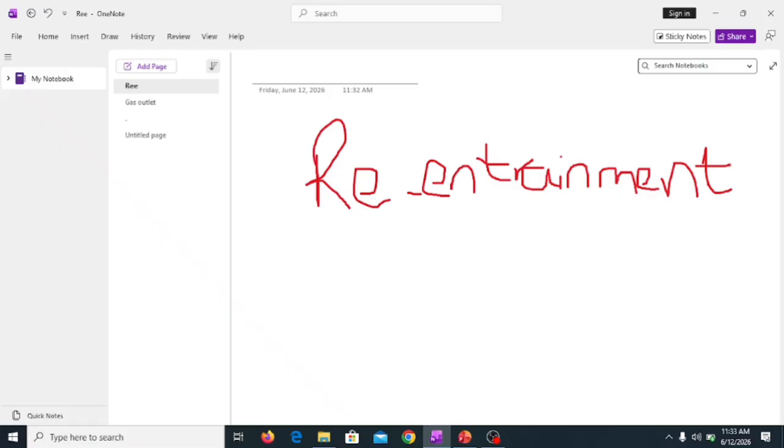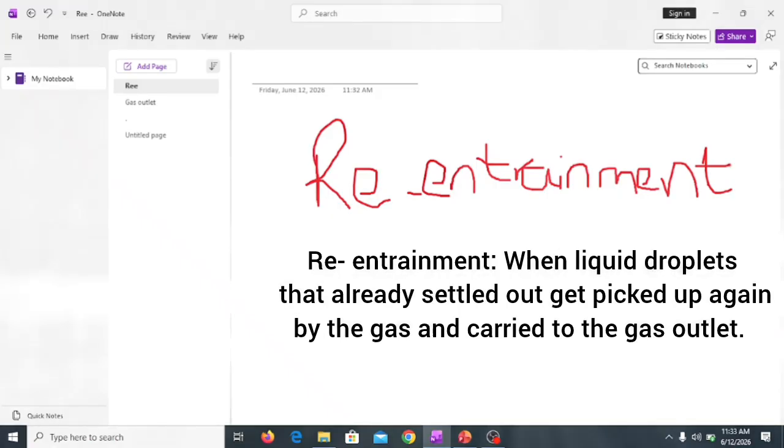Re-entrainment is when, after the liquid has been removed from the gas, the gas traps the liquid again. It can be water. That is not a good operation. It can cause liquid carryover.